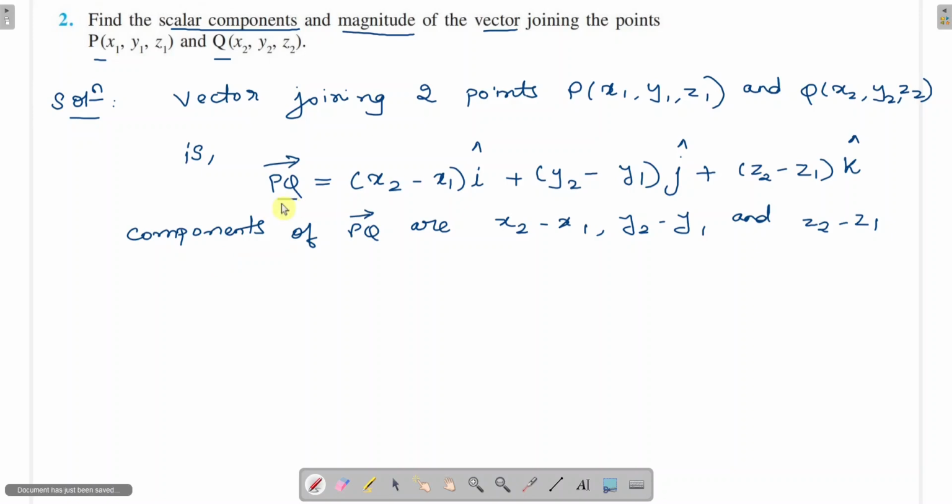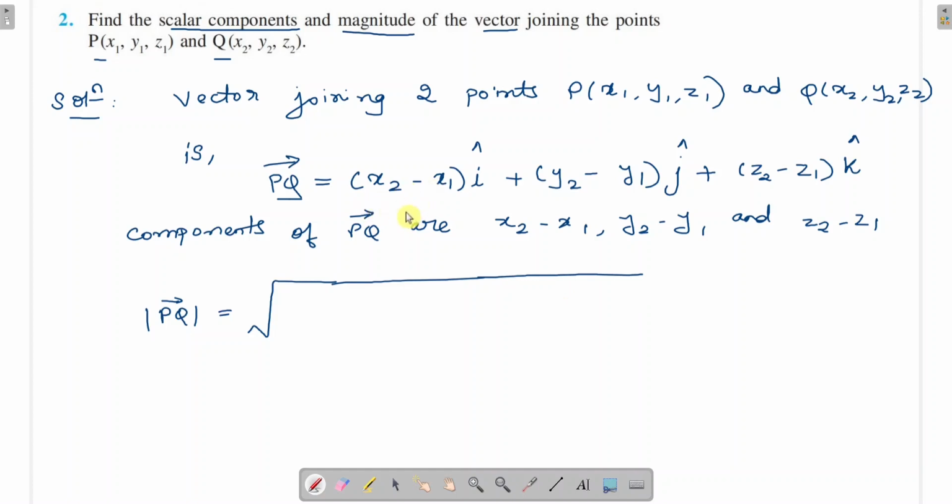The magnitude is given as magnitude PQ bar, two lines around the vector. This is equal to the root of the sum of squares of the components.